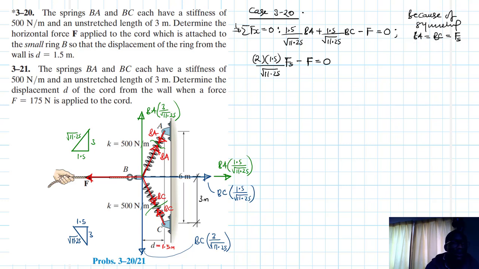Just move that. So then we know that Fs is just equal to K times S, and K is equal to, what is our spring constant? It's 500 Newton per meter, and S is just equal to L final minus L original.